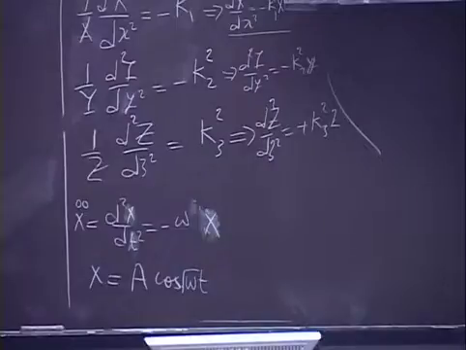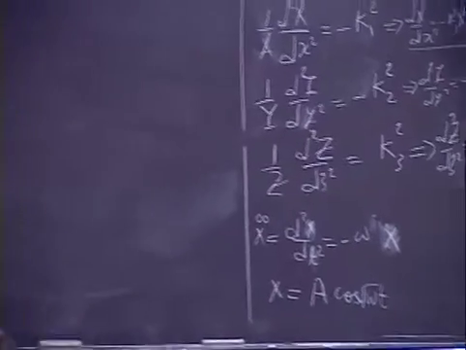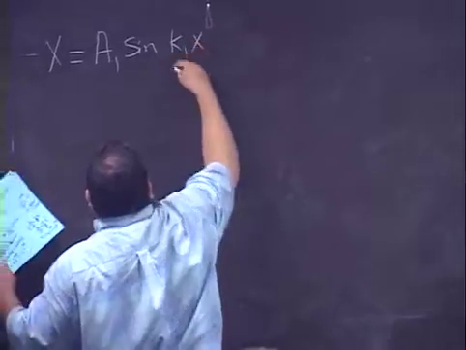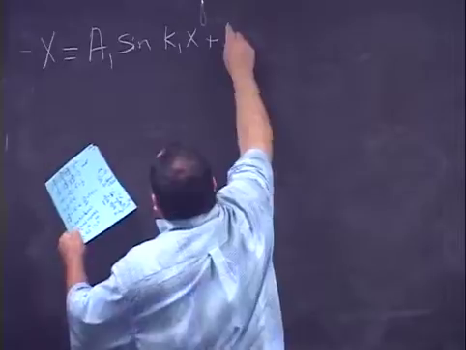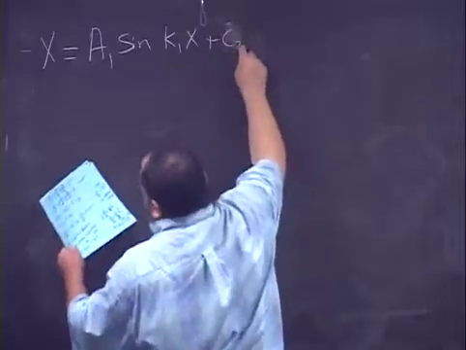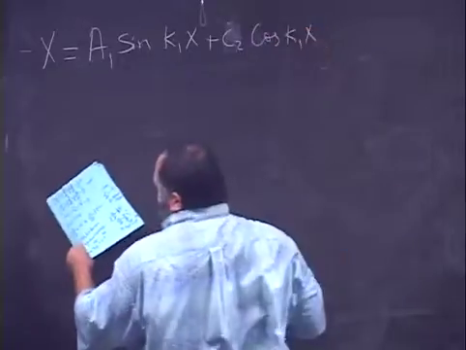Now, when we try to solve this with the boundary condition and source condition, we will notice that X will be a1 sine k1 x plus c1 cosine k1 x.